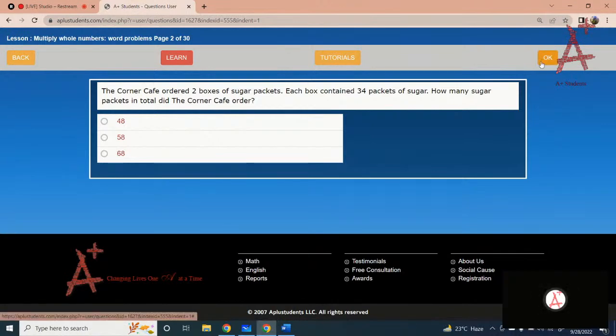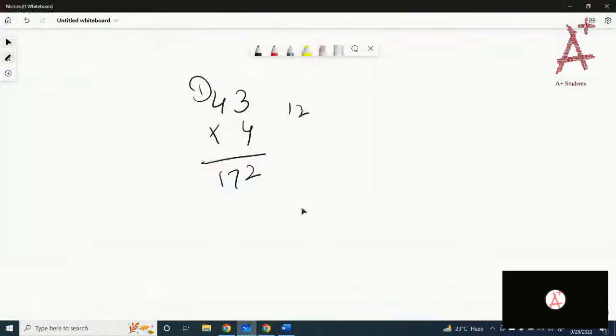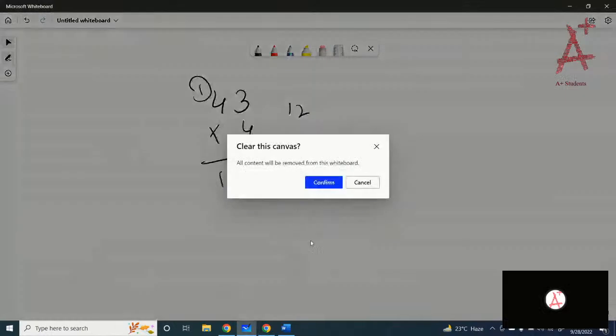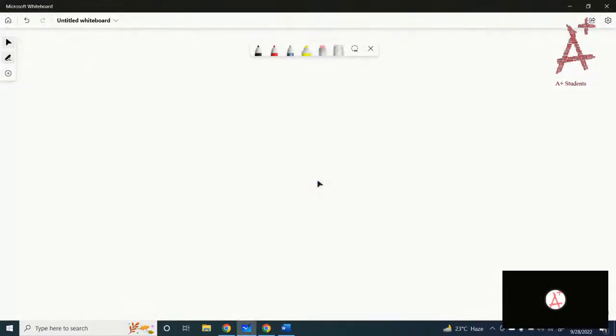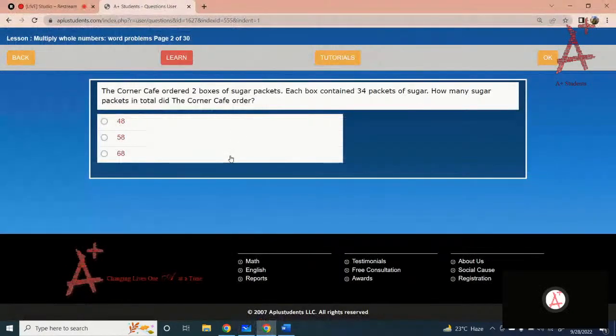So just do 34 times 2 to find the answer. Got it? Let's just do 34 times 2. So 2 times 4 is 8, and 2 times 3 is 6. So it is 68. Got it? So in both boxes you have 68.